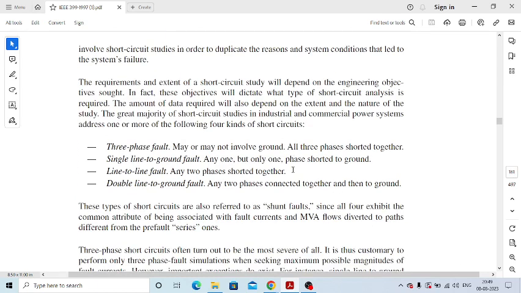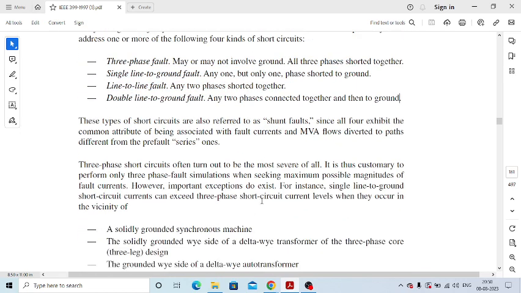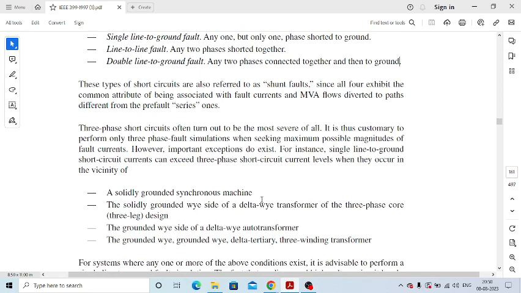Okay, so the types of fault that I have explained are given here. When you go through this document, you will get some more information about that. Also, before conducting any short circuit analysis, we have to know the machine dynamics.